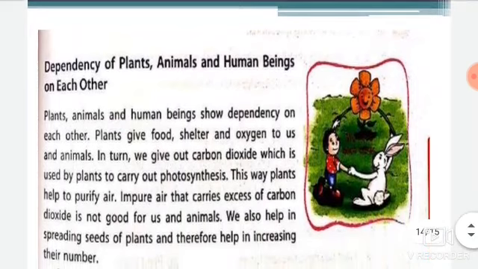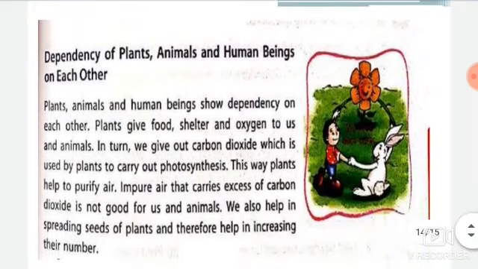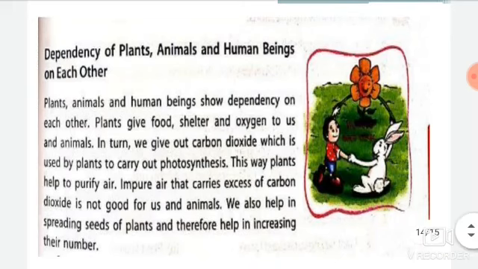Now, we will discuss the dependency of plants, animals and human beings on each other. How they are interlinked, how they depend on each other. With this diagram, we can conclude that plants, animals and human beings show their interdependence on each other.